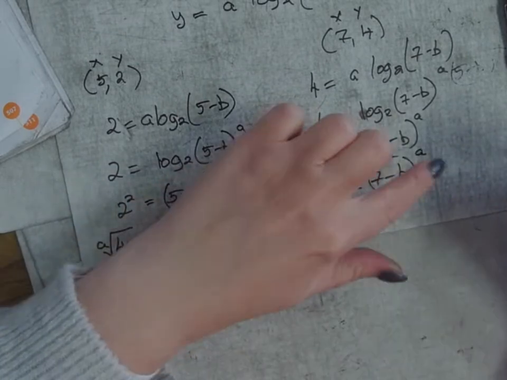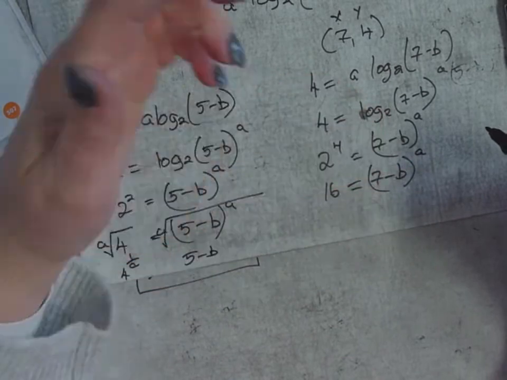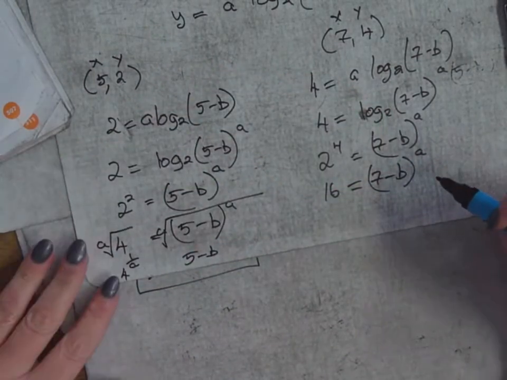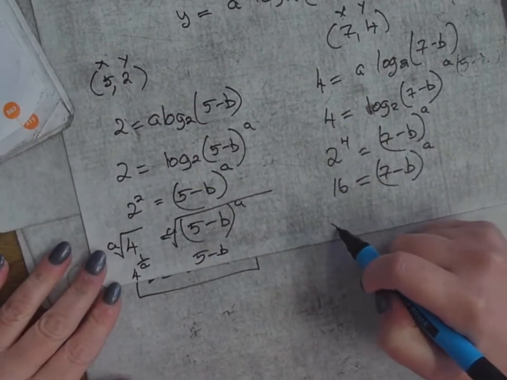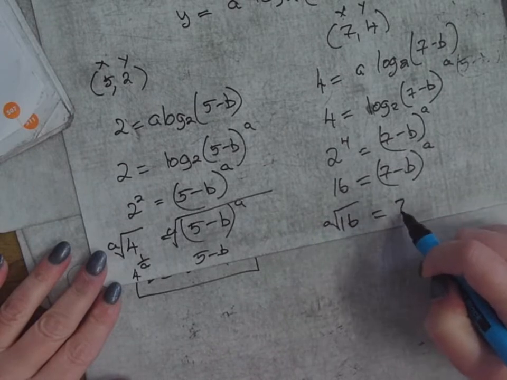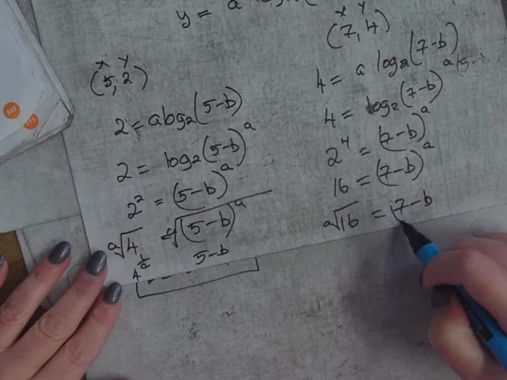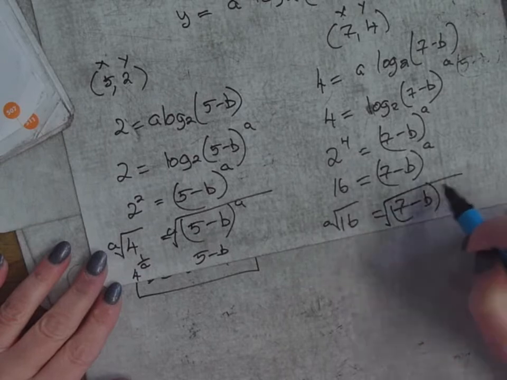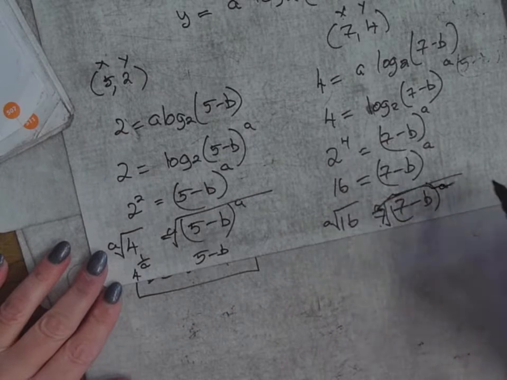So if that was to the power of 2, you get the square root of each side. If it was to the power of 3, you get the cube root of each side. It's the power of a, so you get the a-th root of each side. So that's 16 equals 7 minus b all to the power of a, and the a-th root and the a will cancel each other out.